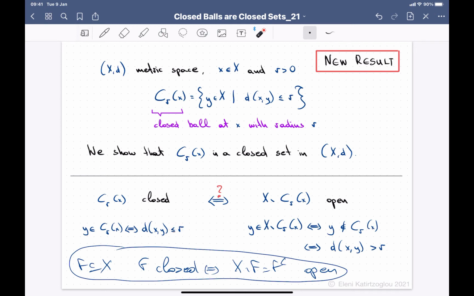Similarly, y is an element of the complement of the closed ball if y is not an element of the closed ball, which means that the distance between x and y is greater than r. So y is in the closed ball if this distance is less than or equal to r, and it is not in the closed ball if this distance is strictly greater than r.